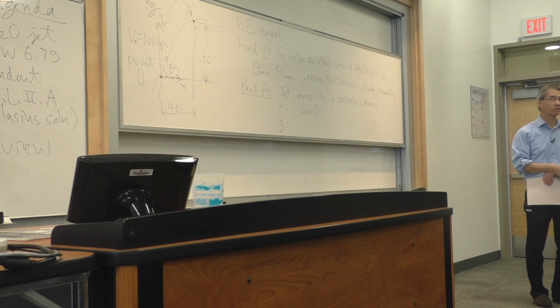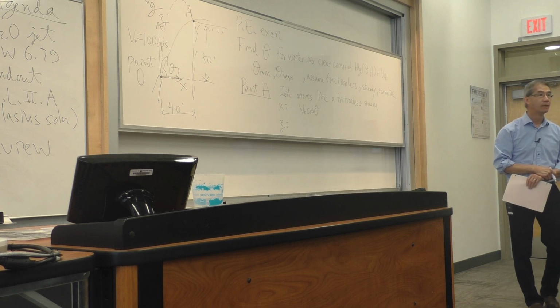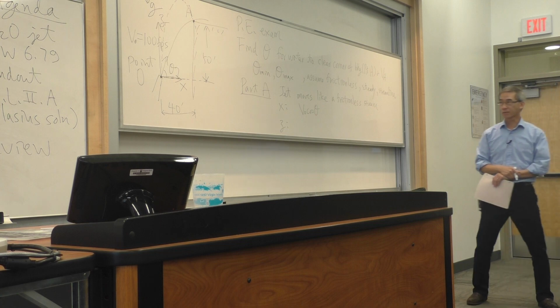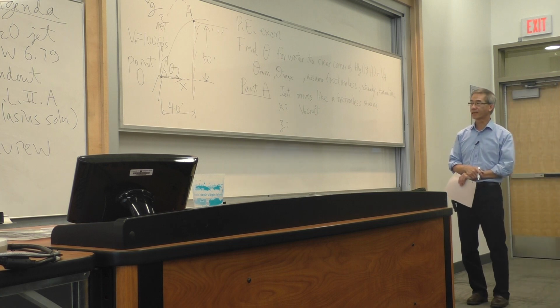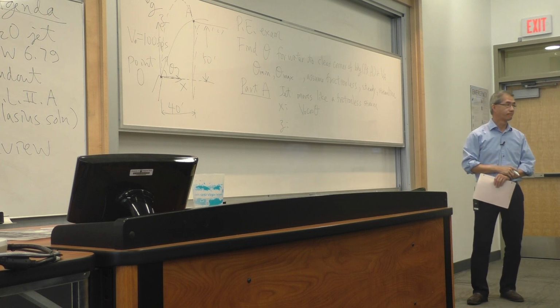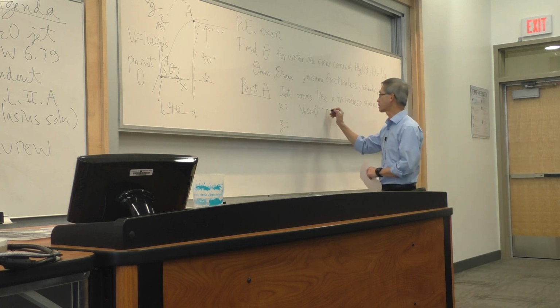From your particle dynamics, what can you tell me about this velocity component? Yes? Say it again? Cosine theta times t equal to distance traveled. Yeah, that's correct, but the more fundamental insight is this velocity in the x direction is what? Constant. What you say is correct.